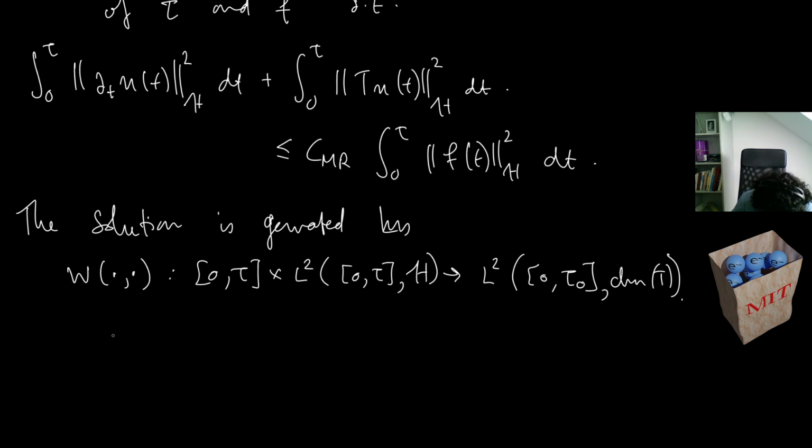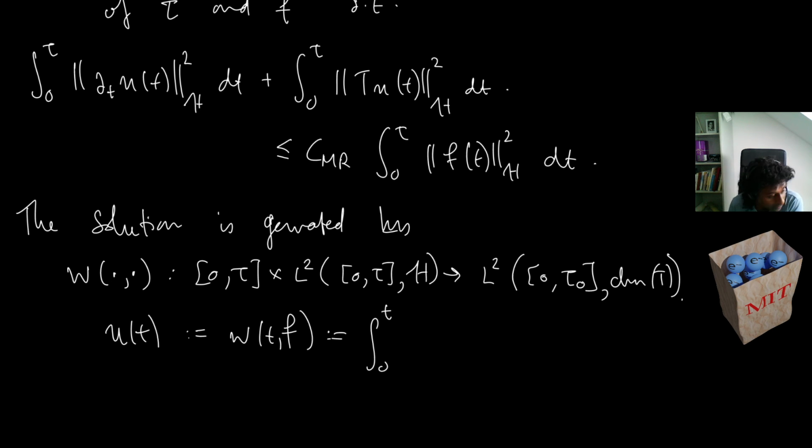And how is it given? It's given by u(t) is equal to W(t)f, and this is the integral 0 to t of e to the minus (t minus s)T, so it's, again, heat equation, f of s ds.